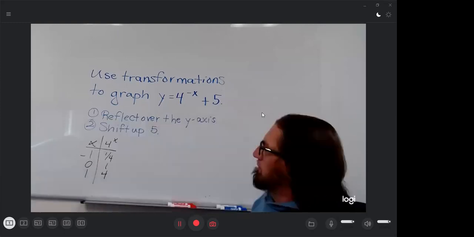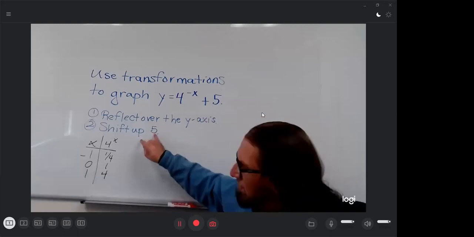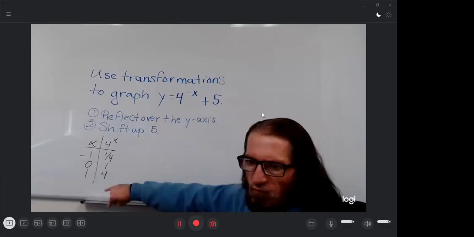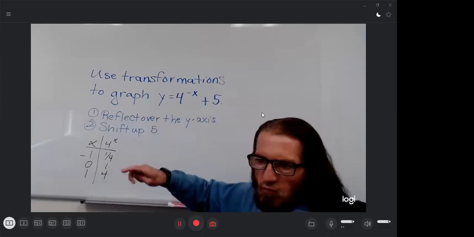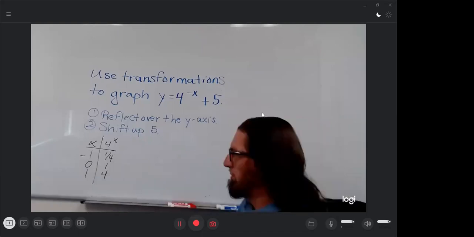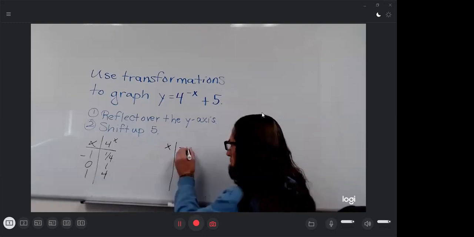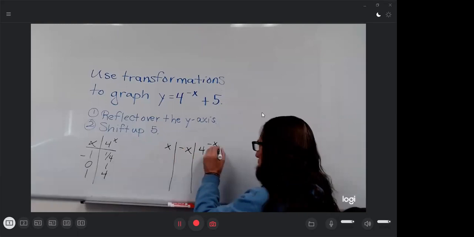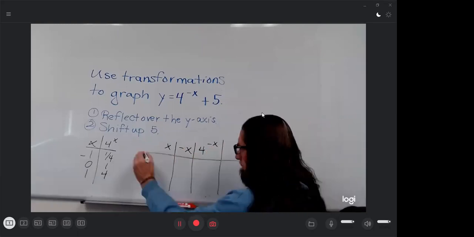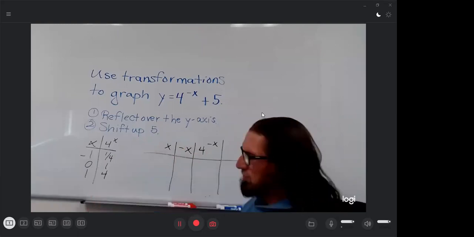If it weren't for the shifting up, if I wanted to get these same values of y and figure out the new x values due to some horizontal transformation, then I would do this. In the middle here, I would take what I had in my original table.